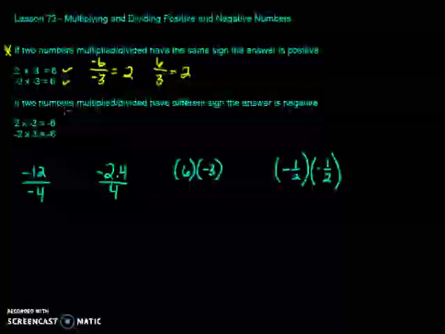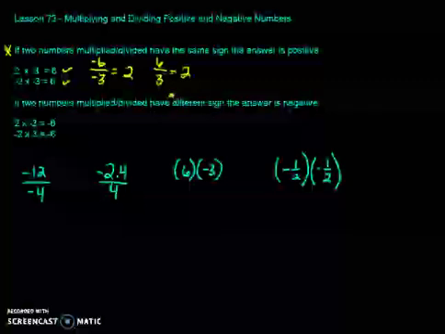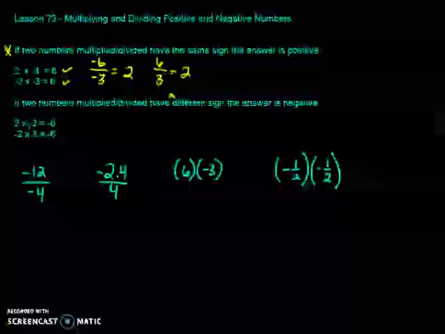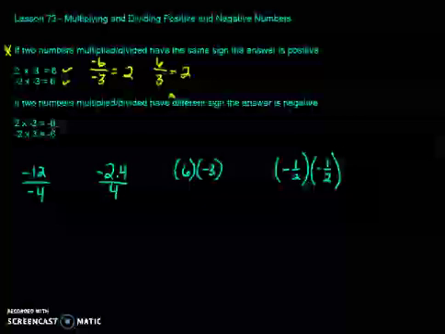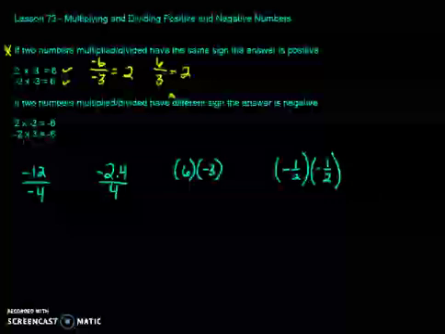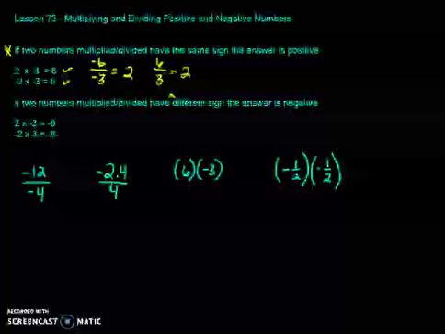Now, if two numbers multiplied have a different sign, the answer is negative. So 2 times negative 3 is negative 6. See how one of them is negative? The other is positive, so the answer is negative. Negative 2 times 3 is negative 6 also. It doesn't matter which one's negative, the answer is going to be negative if one of them is.